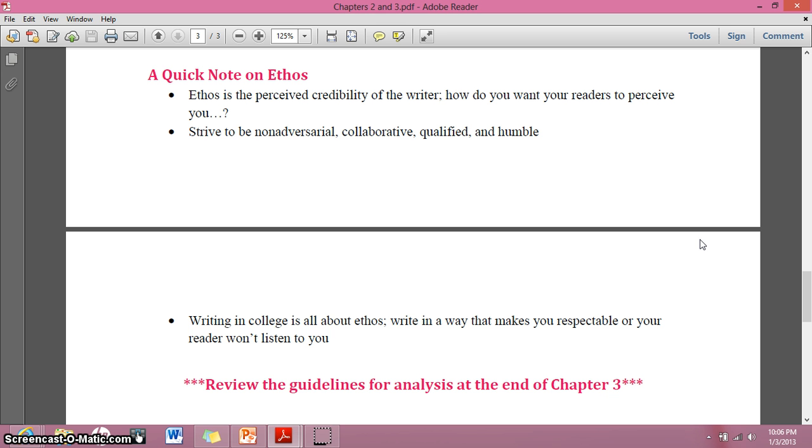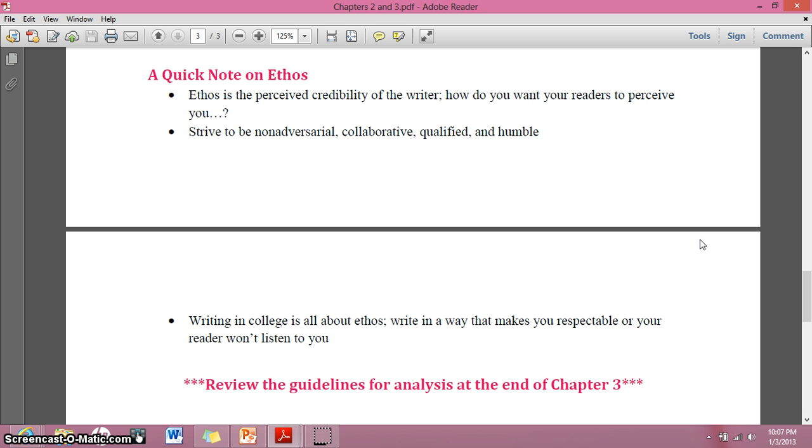So how do you want to be perceived when you talk to someone? Do you want to be perceived as the moron who always has an opinion, but that opinion is always ridiculous? Or do you want to be the person that people respect and are willing to listen to, and things like that? I don't know. Maybe that's just me. But do be aware of that when you write. Do you want to be an idiot or do you want to be intelligent? Pretty much it is up to you.